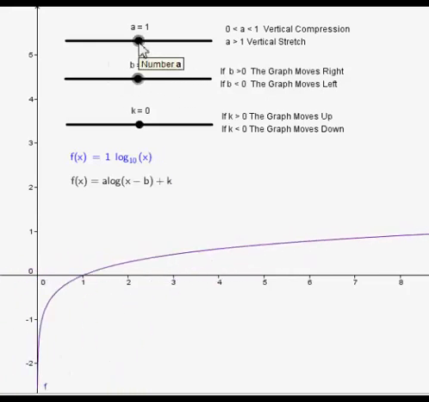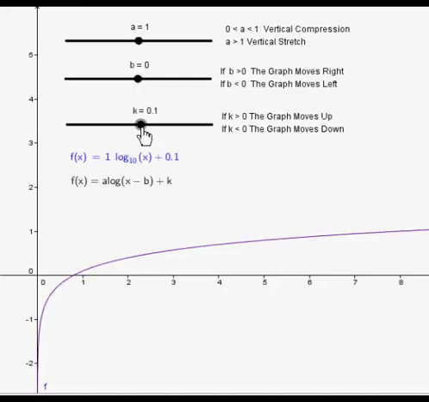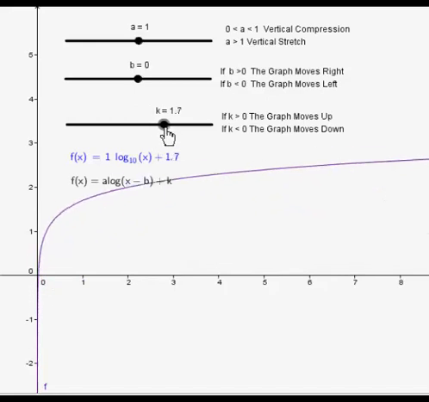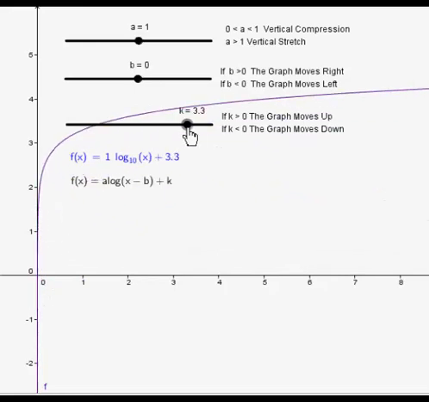Now that I've reset a to be 1 and b to be 0, let's focus on what the value of k does. If k is positive, you'll be adding a number to the function values, and the graph should move up. If k is less than 0, you'll be adding a negative, which is the equivalent of subtracting a constant at the end of the function, and the effect should be that the graph would move down. So as I move to the right, you're adding larger and larger values to the function values, which moves the graph up.